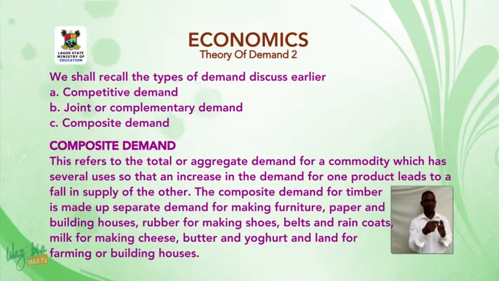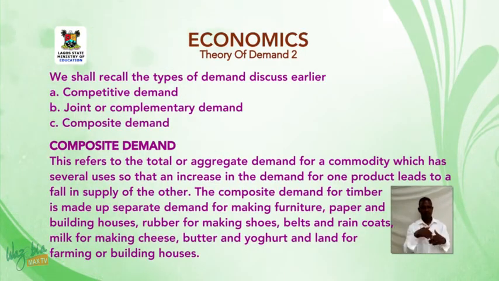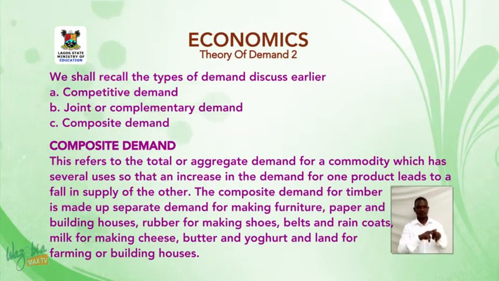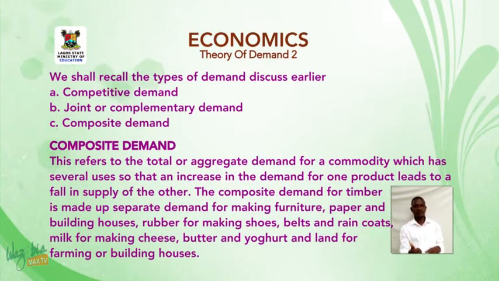This refers to the total or aggregate demand for a commodity which has several uses, so that an increase in the demand for one product leads to a fall in the supply of the other.